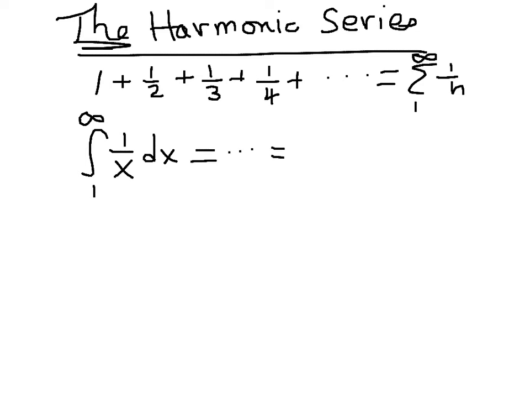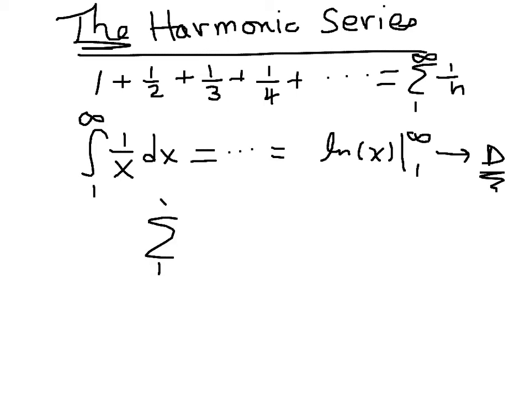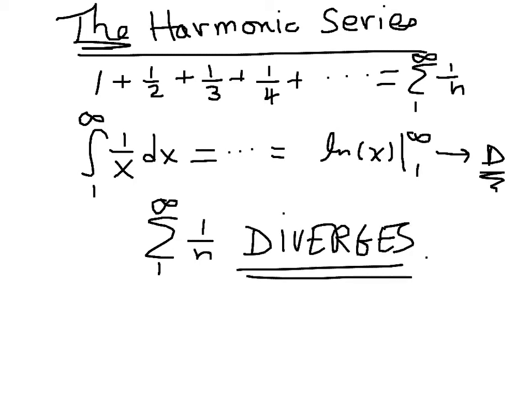So this comes out to equal ln of x, and even though it's not really proper, we'll just write 1 to infinity. And clearly this diverges. And so since the improper integral diverges, we know therefore that the harmonic series diverges. And that's a big deal. That's how we show it.